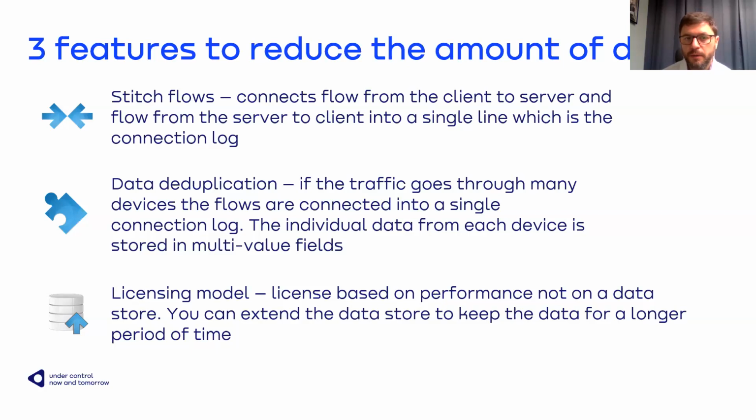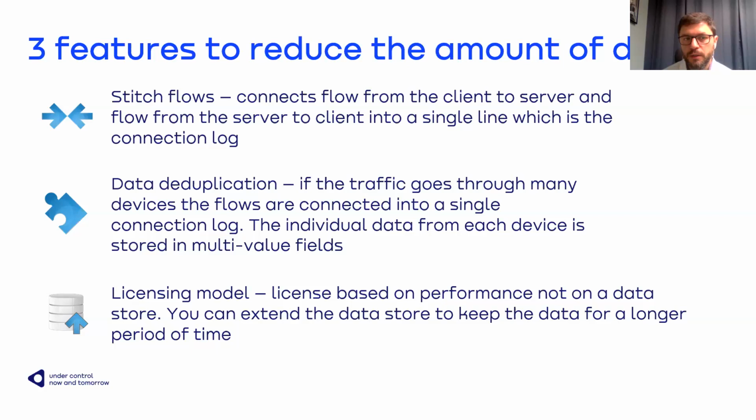So few fields in both flows are the same. So we can just stitch those two flows into a single line to save some data, to save some storage, to keep this information in the system.